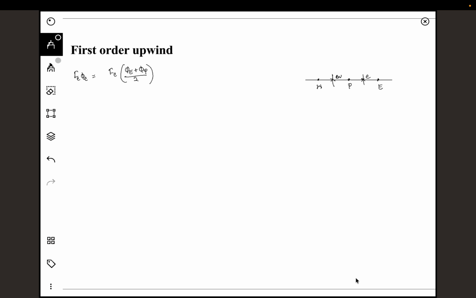What this means is the value at the east face is affected by the values at the cell centers P and E. This is true because if the value here is affected by both the neighboring cells, it is independent of the direction in which the flow is happening. This is true only if we have an elliptic kind of equation, which means the diffusion is stronger than advection.